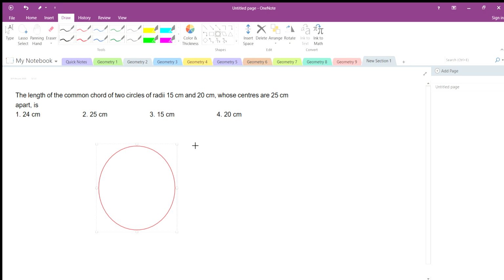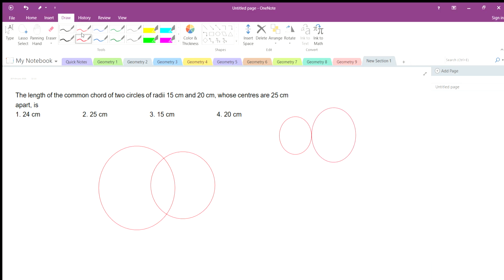Without intersecting, the circles won't have any common chord. You can also figure this out by adding the radius of the two circles. Suppose this is one circle, this is another circle, and these two circles are intersecting.